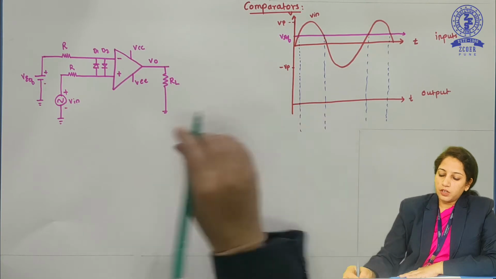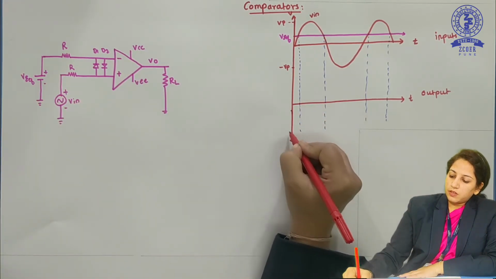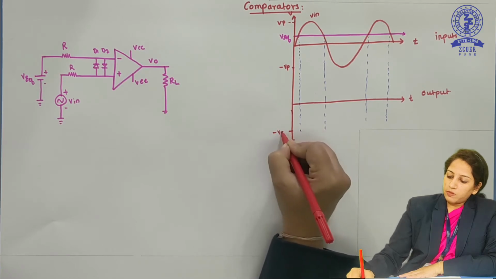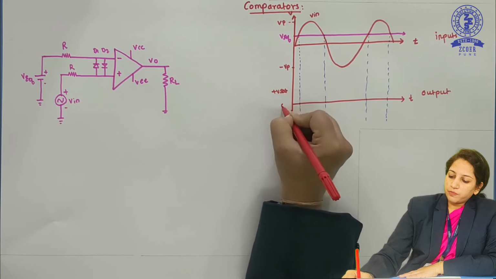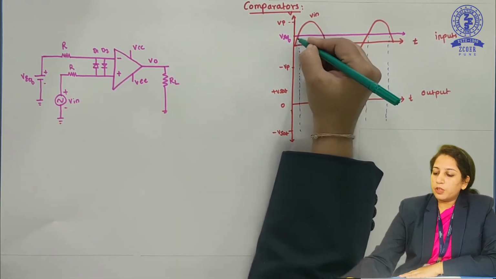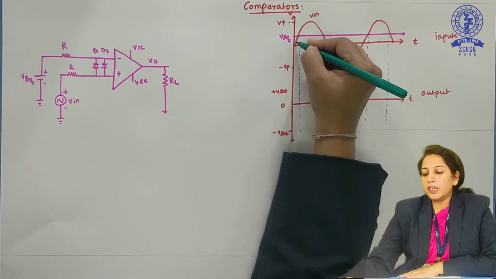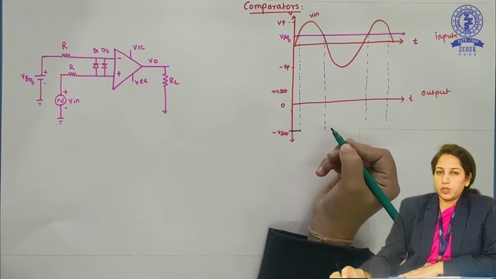On the output side, we will say it will be minus V saturation and plus V saturation. For the time period when my V in is less than my V reference, the output will be in minus V saturation.